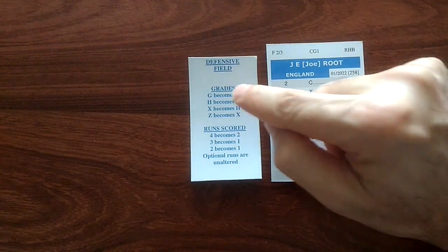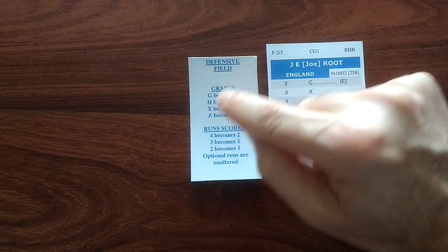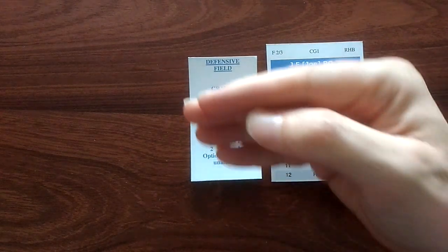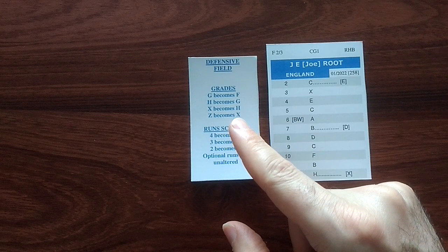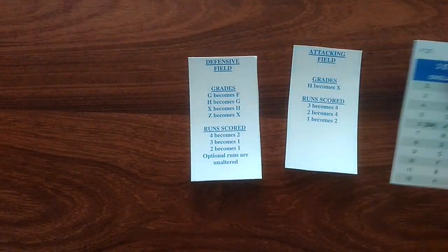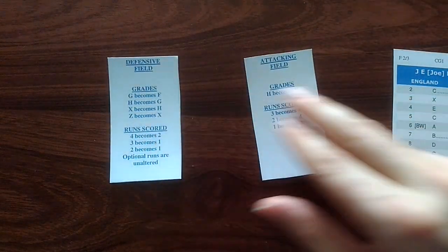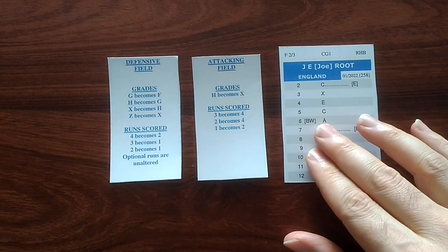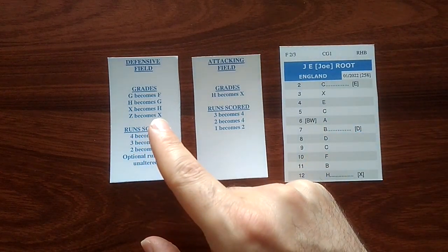So these grades that can possibly come up as an out, if you've got negative modifiers from the bowlers or you've got an attacking field in play, will become less likely to be out.